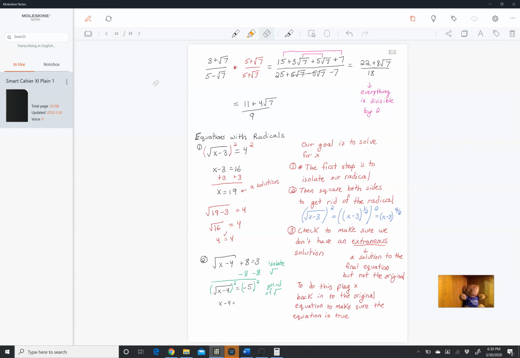And x minus 4 is equal to 25. Square root of negative 5 squared is just 25. Okay, and now we add 4 to both sides because we're solving for x. So that's kind of the unspoken thing, that we square both sides and then we solve for x.